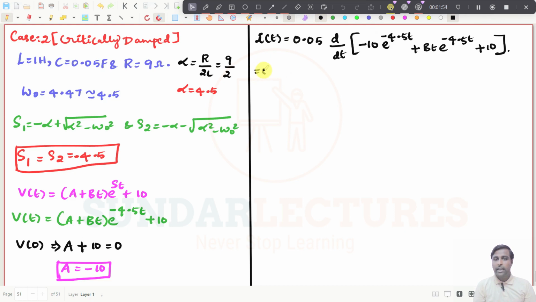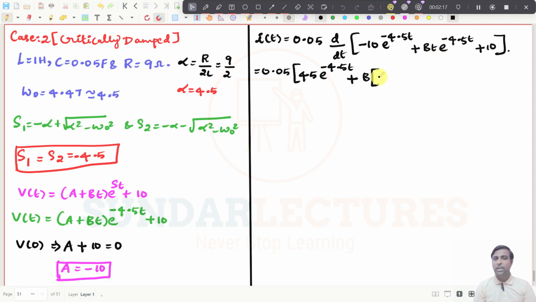So what you will get, it will be 0.05, you have to multiply these two, so it will be 45 e power minus 4.5 t, and then you see b is there, you take it outside, and you need to differentiate this with the uv formula, right?